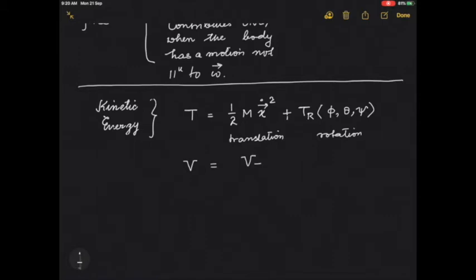If you look at the potential energy, the potential energy also has a part because of translation and a part because of rotation. It can be separated out in most cases.